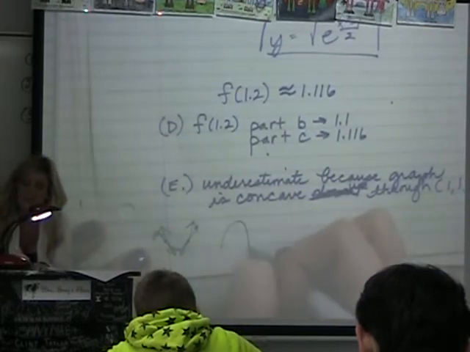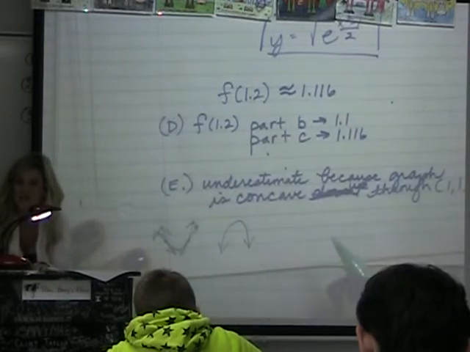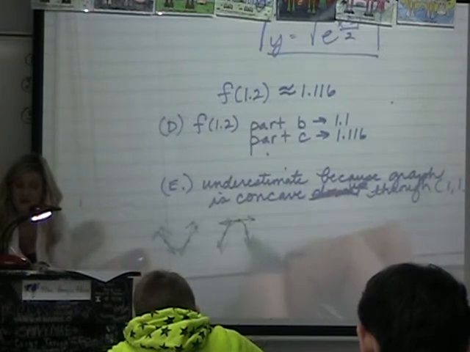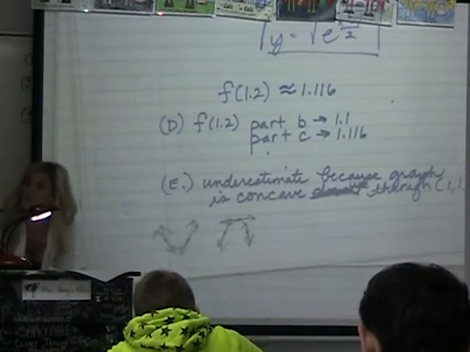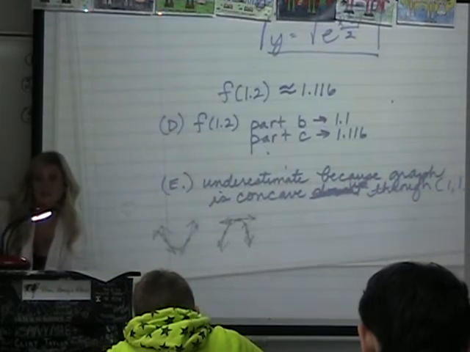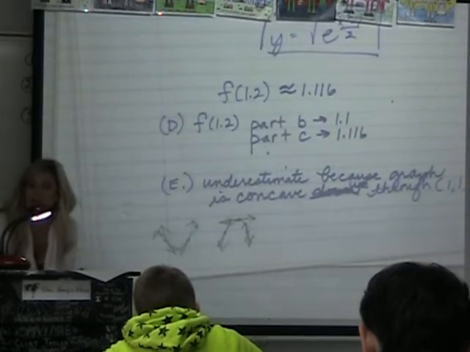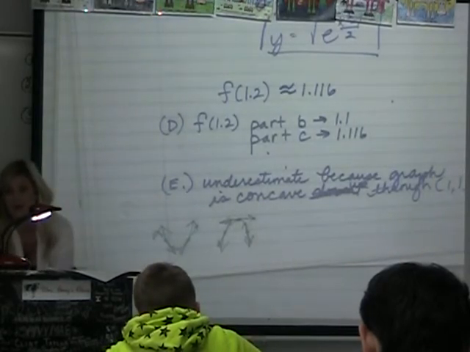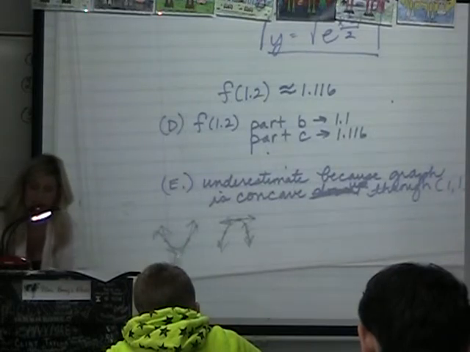But if it's concave down, where's the tangent line going to be? It's actually going to be above. So that would be considered an overestimate. If the graph is concave down and you use the tangent line approximation, it is an overestimate. If you have concave up and you use the tangent line, it's going to be an underestimate.